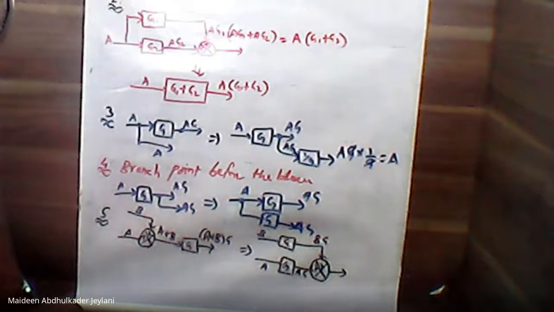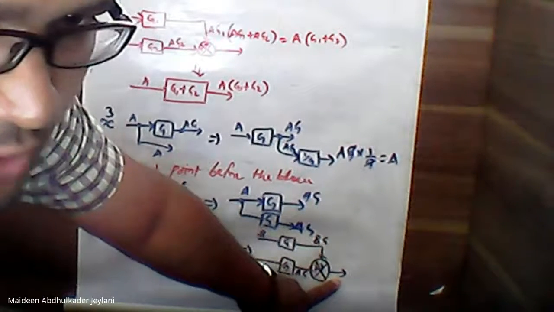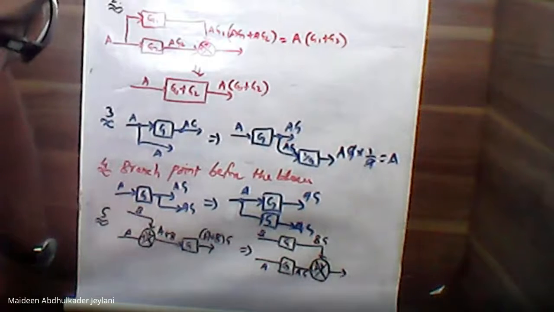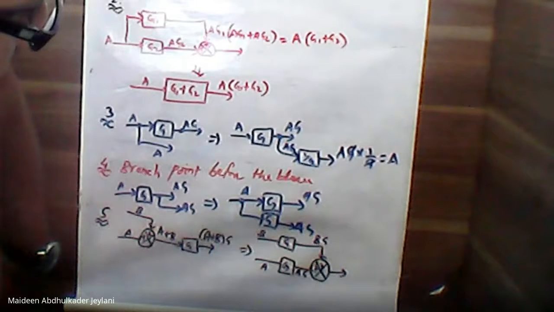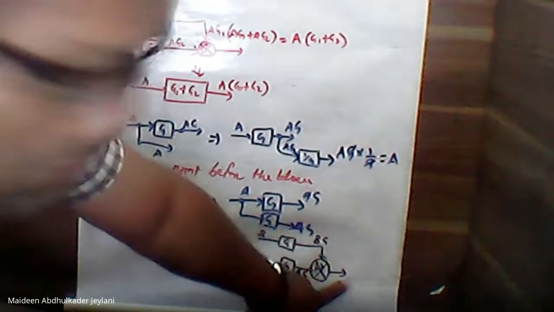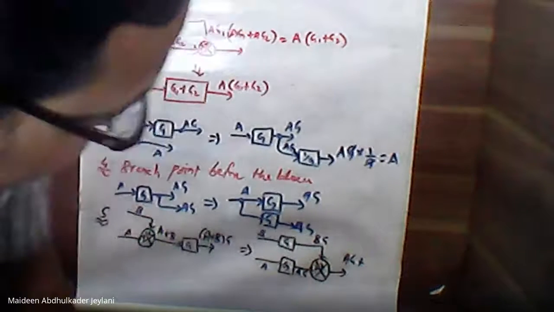Now check your output. What will be the output of this point? AG plus BG.